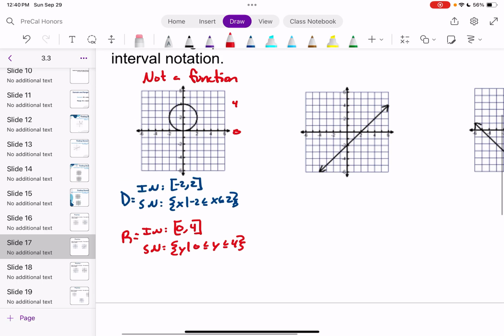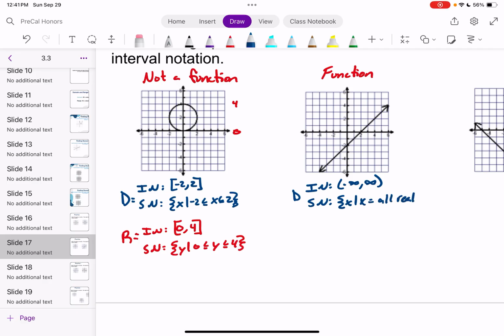In our next problem, once we do our vertical line test, in this case this would be a function. We can easily see that our domain in this case, in interval notation, would go from -infinity to +infinity. Our set notation would be x such that x equals all real numbers.